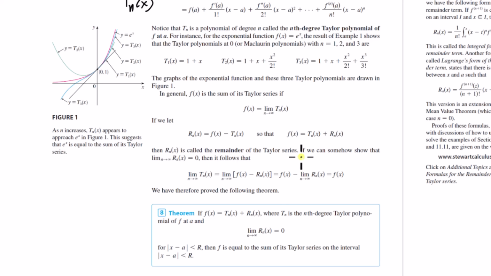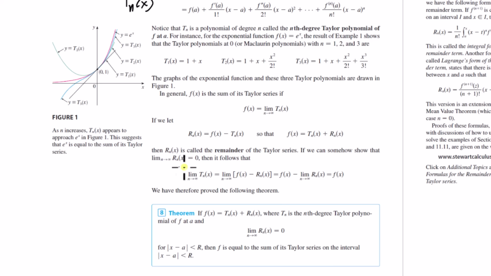And so what we're going to do is, if we can show that the limit as n approaches infinity of R sub n of x is equal to 0, now this is potentially easier. Showing the limit of the partial sums directly seems too hard, but we could maybe show that something is equal to 0. If we can show that the limit as n approaches infinity of R sub n of x is equal to 0, then what does that mean?